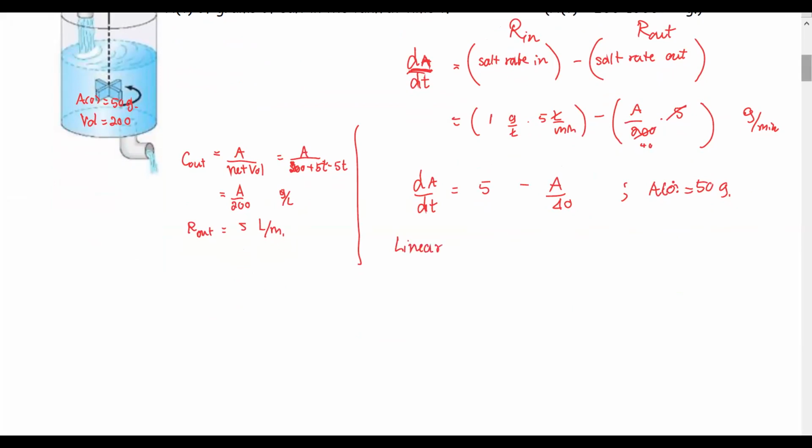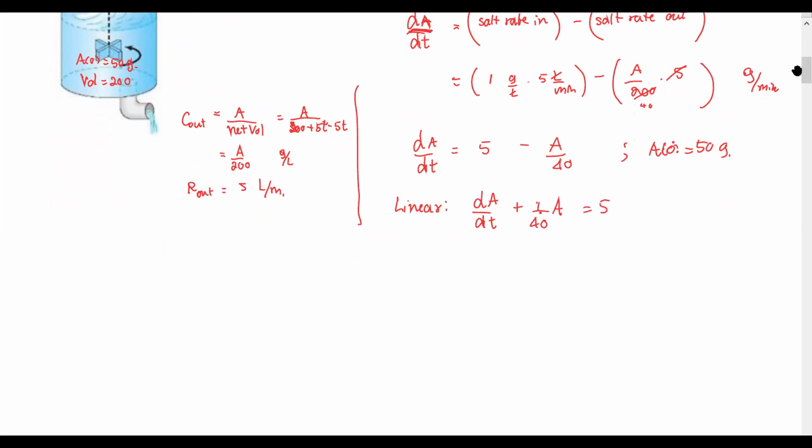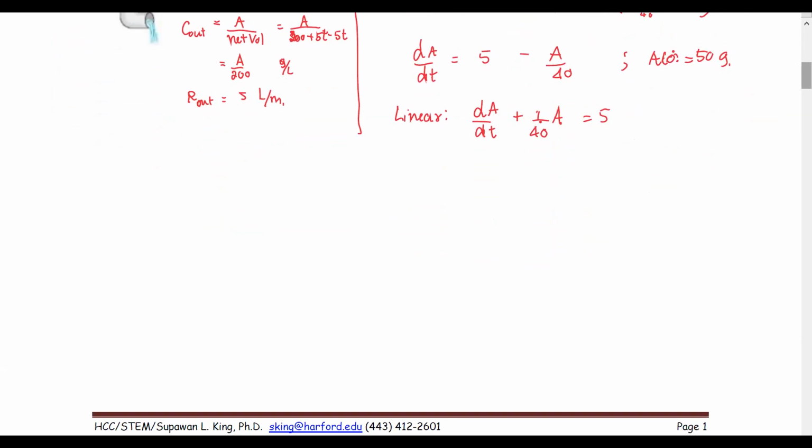If we treat it as a linear equation, we write it in the standard form: dA/dt plus 1 over 40 A equals 5. With the form of the linear equation, we get P(t) equals 1 over 40 and f(t) equals 5. This gives us the integrating factor mu as e to the integral of P(t), which is 1 over 40 with respect to t, or e to the power 1 over 40 times t.